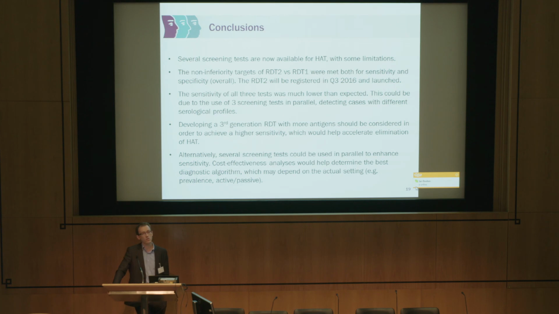Of course, that would be logistically a bit more heavy and also more costly, so it would be useful, for example, to conduct some cost-effectiveness analysis to determine also the best diagnostic algorithm, the best combination of tests, which is also likely to depend on the actual setting and in particular on the prevalence of the disease, and also if we are talking about active screening or passive screening.